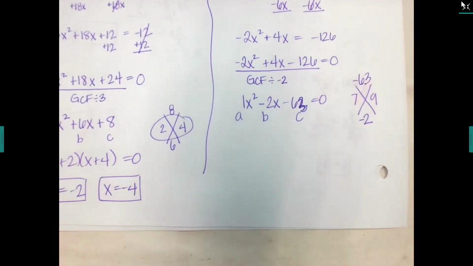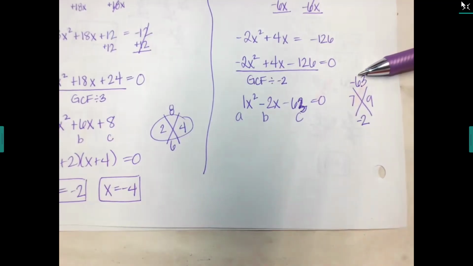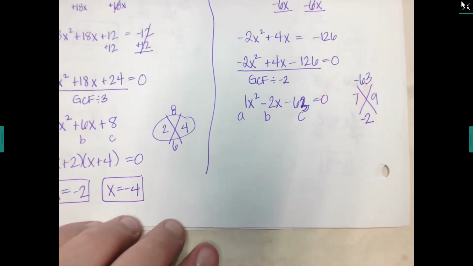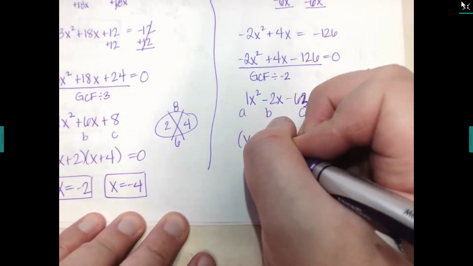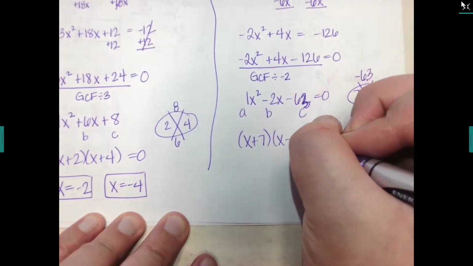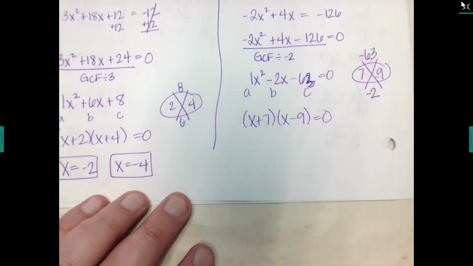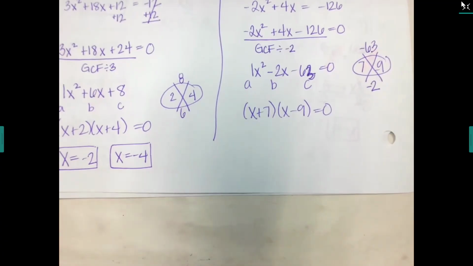But now I have to pick which side I put the minus on because this is a subtraction chart, right? If I want the 2 to come out negative, do I want it to be on the 7 or the 9? 9. So my factors would be an x plus 7 and an x minus 9. And then remember that your final answers are the reverses of those parentheses.